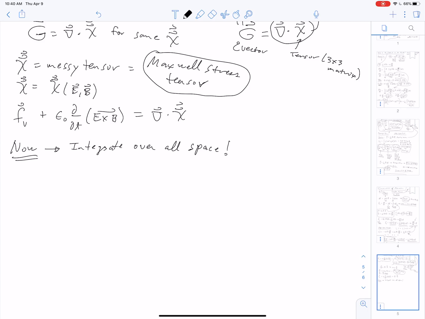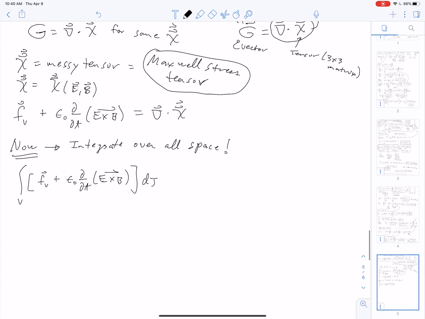We're going to integrate FV, the force per volume, plus this other little extra part, this time derivative of E cross B, d tau. It's a volume integral. That means if we do the left side, we have to do the same thing to the right side to keep it as an equation. So we're going to integrate over del dot chi d tau.